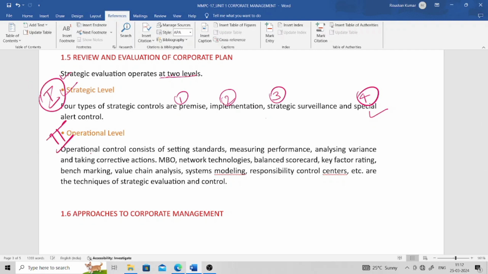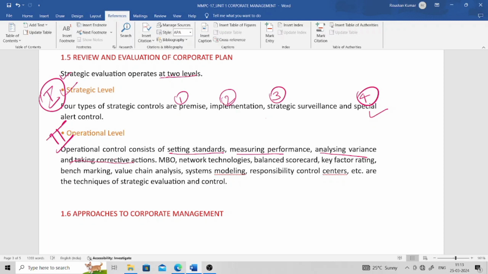Okay, so operational control consists of setting standards, measuring performance, analyzing variance, and taking corrective actions. So you see here how operational control happens.